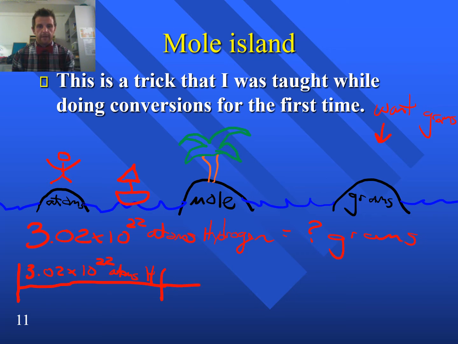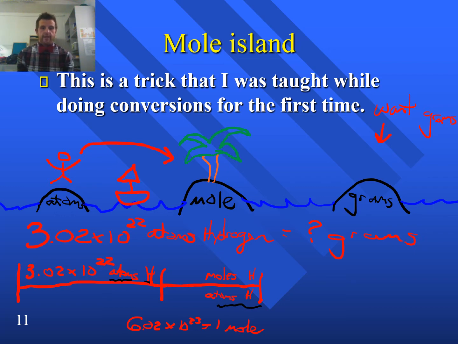And I'm going to just make my first conversion. So I'm going from atoms to moles. And remember, I'm taking this unit I have here, and I'm going to place it down below so I can cancel it out. So I've got atoms of H, and I need to switch it to moles of H. Remember that there are 6.02 times 10 to the 23rd atoms in 1 mole.